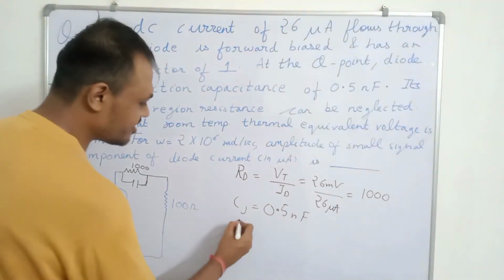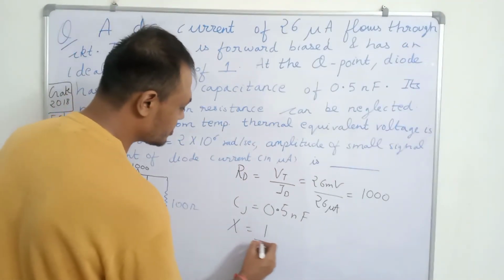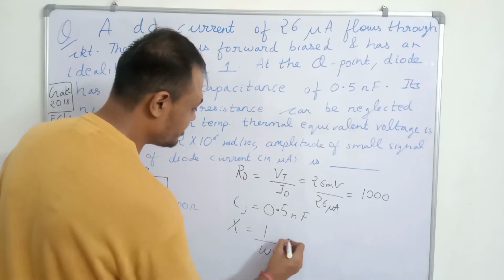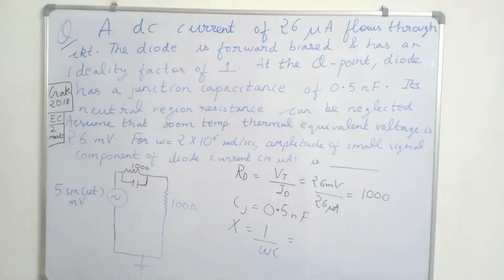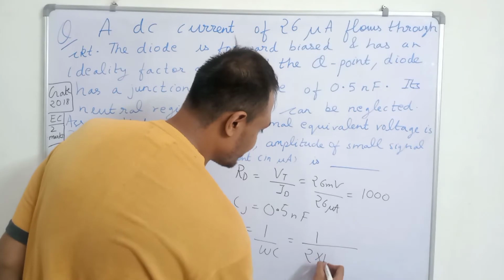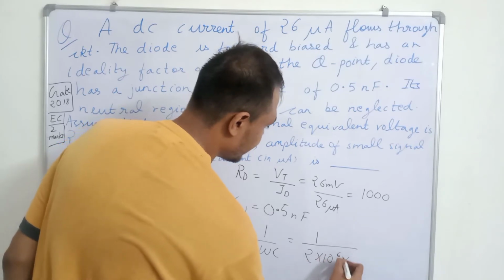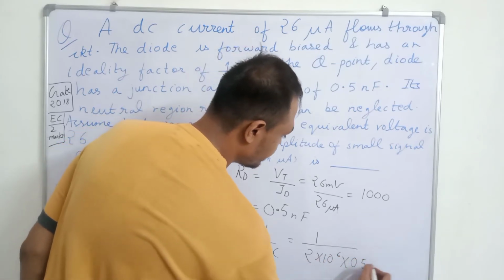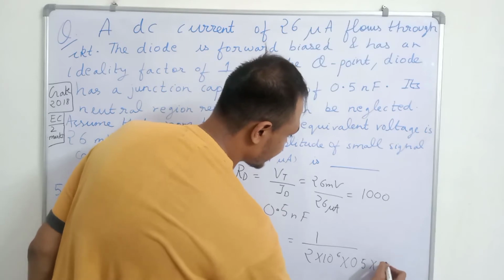So this reactance will be given by 1 upon omega C. Omega value is given to us as 2 into 10 to power 6. So 1 upon 2 into 10 to power 6 into 0.5 into 10 to power minus 9.